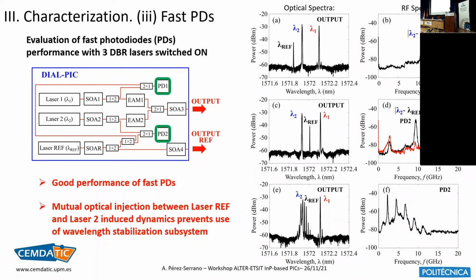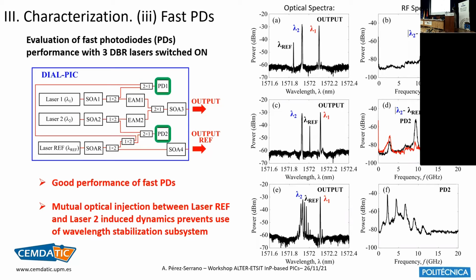However, when we try to make the reference signal close to lambda 2, we have observed mutual optical injection between the reference and laser 2. So in this actual version of the chip, this prevents the use of the wavelength stabilization subsystem. Okay, and you can see here that some four-wave mixing effects and even chaotic behavior appear.